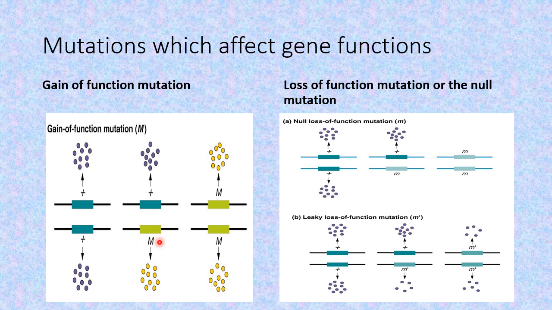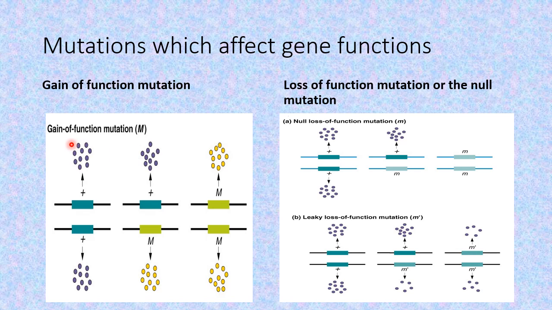But when it gets mutated, we have seen that mutations may lead to a change in the sequence of amino acids that are formed, and it is the sequence of amino acids that determines its structure and ultimately its function. So a mutation may lead to the formation of another type of gene sequence which may have some other type of function.